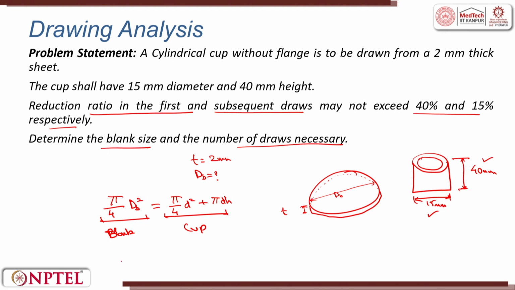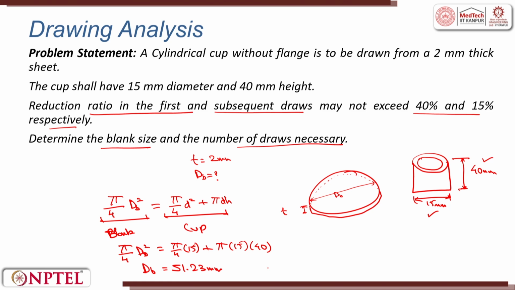So this gives me pi by 4 dB square is equal to pi by 4 d square, where d is 15 millimeters, plus pi into d into h. D is 15 and h is 40. And here we can calculate the value of dB as 51.23 millimeters.